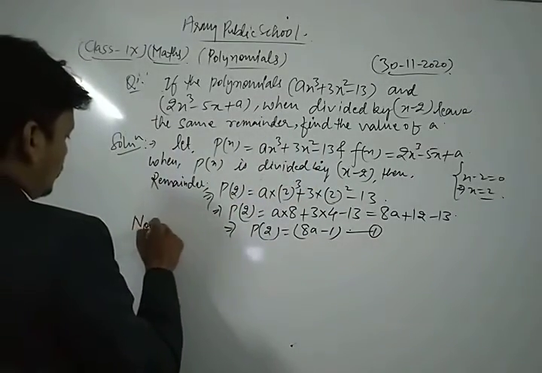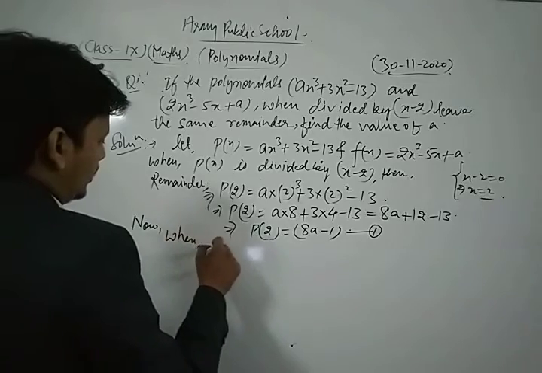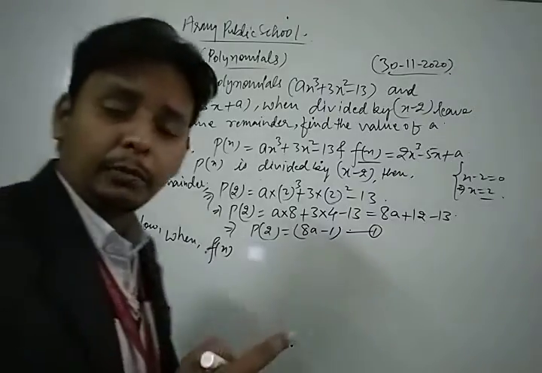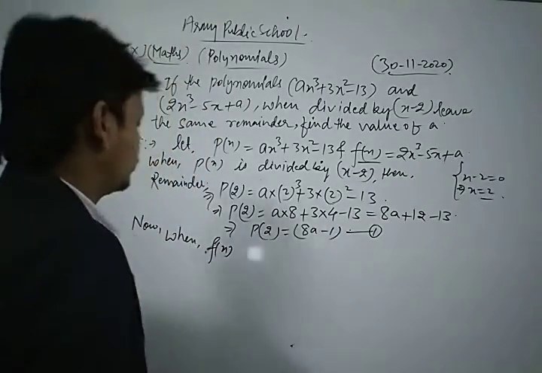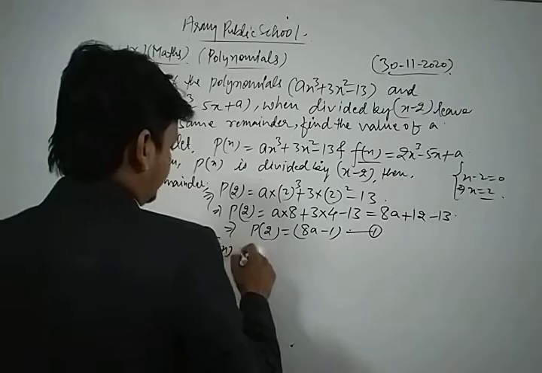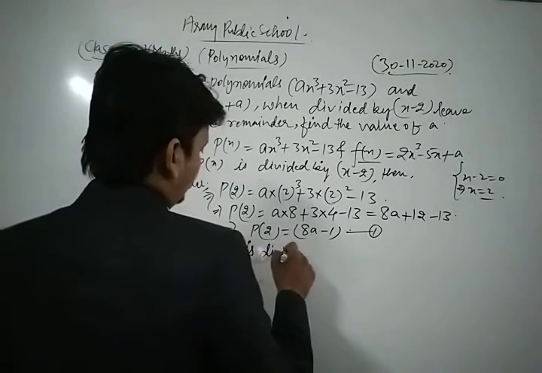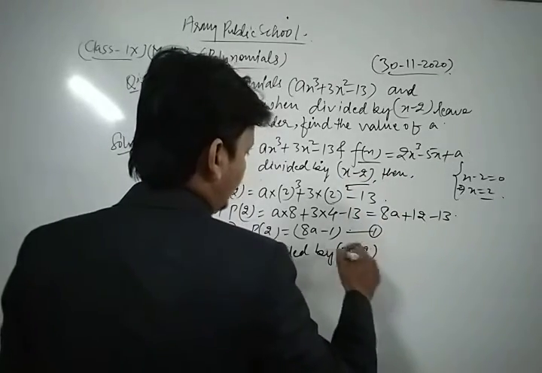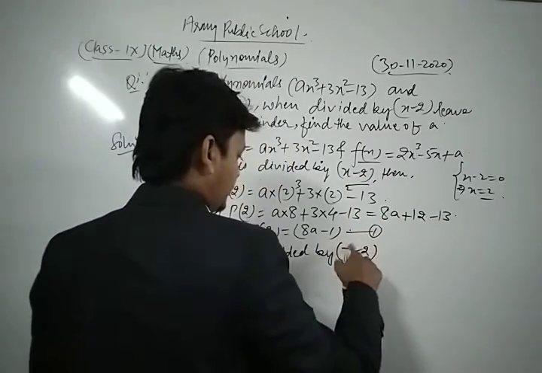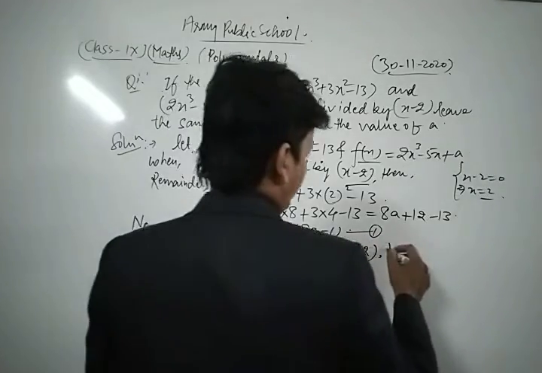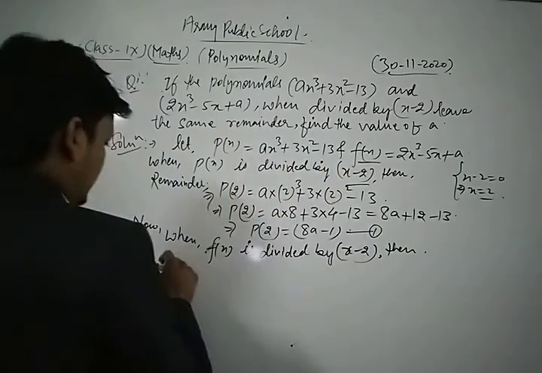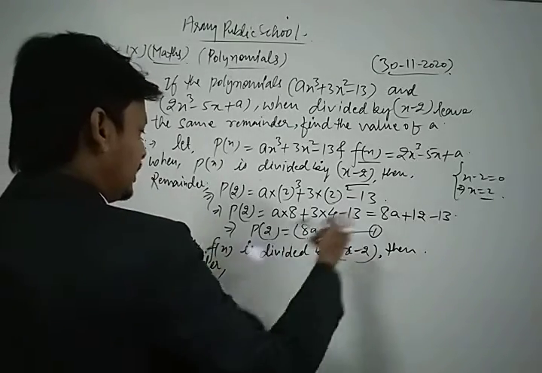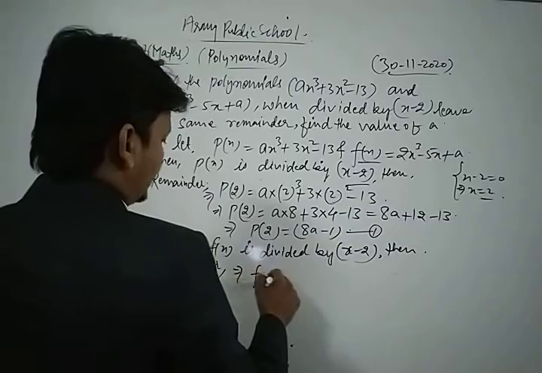Now when the second polynomial f(x) is divided by x minus 2, the remainder will be, similarly, we just replace x by 2.